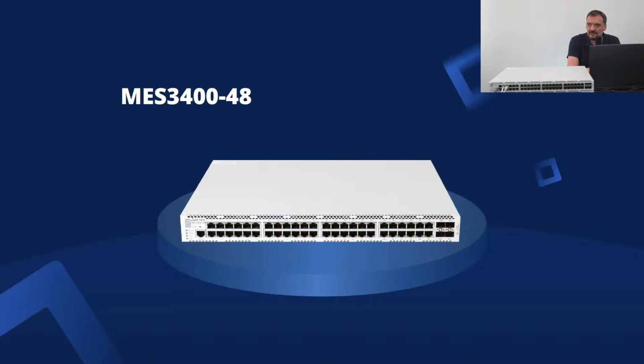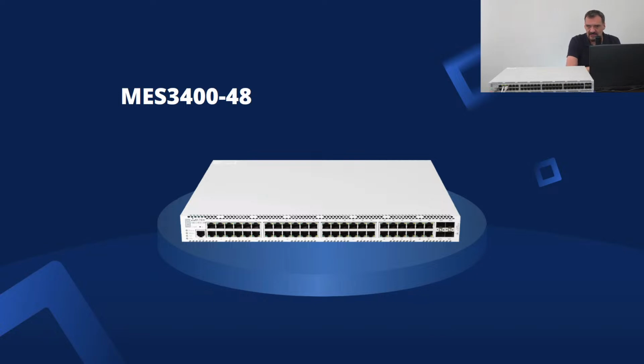Another representative of this product line is the 3448. You can see it here right before you on our camera in the same room with me. Yep, this technological marvel. This model is a purely aggregation switch. It doesn't have PoE ports.